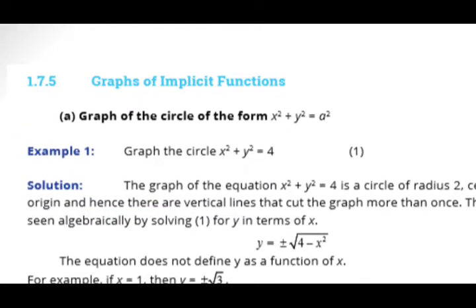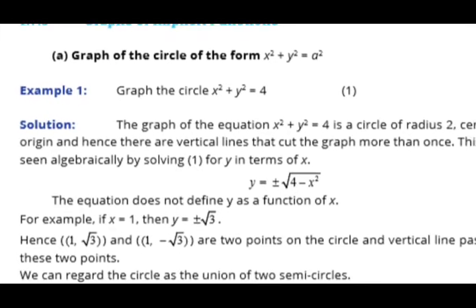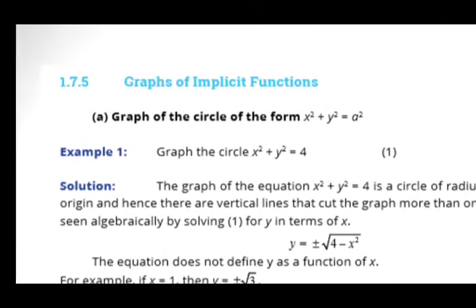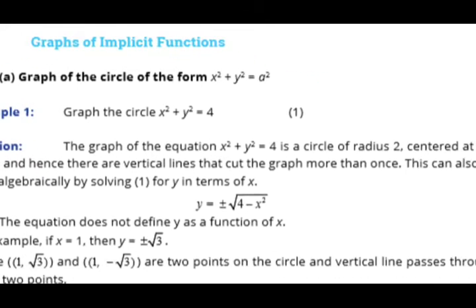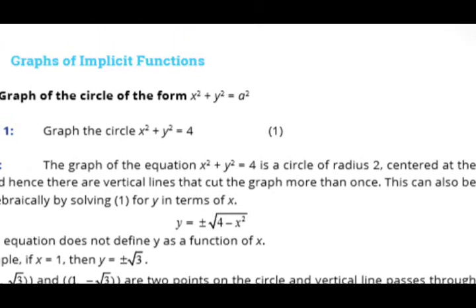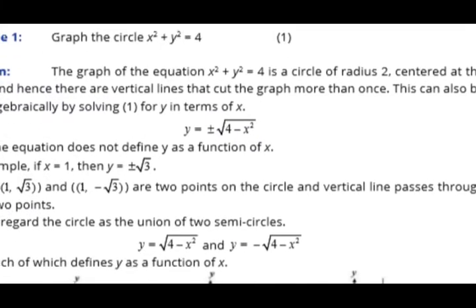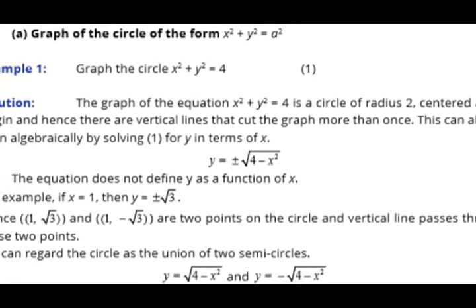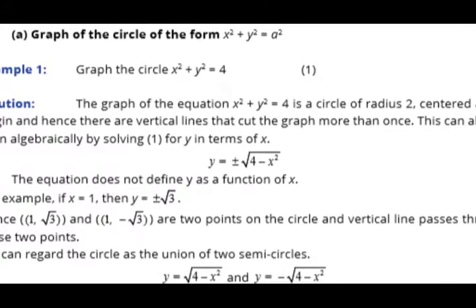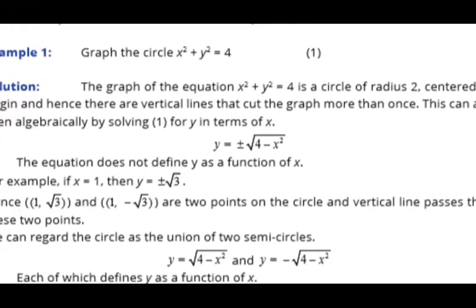The graph of an implicit function, in which x and y are on one side or combined. First we move y to one side, and this is the equation of a circle with radius 2 and center at the origin.